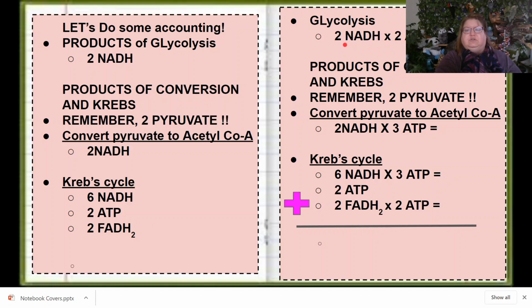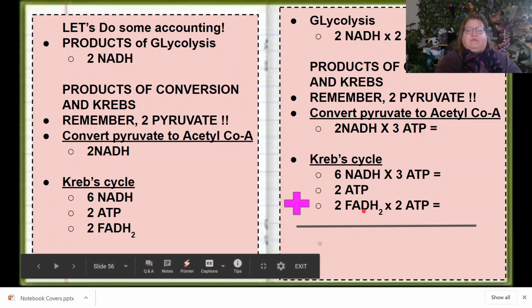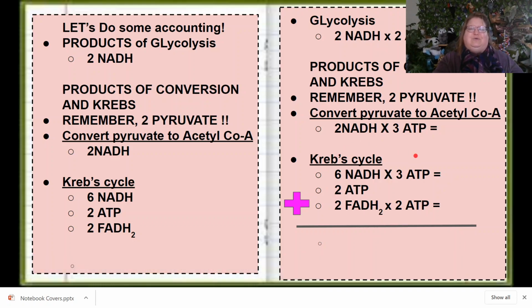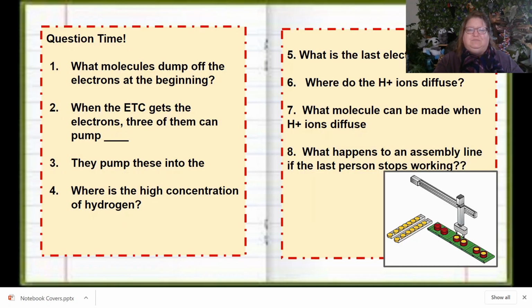So do the math. 2 NADH times 2. When we have NADH from that conversion step, 2 NADH, each one can make 3. And then each one of these can make 3. And then the FADH2 can only make 2. So try your hand at the accounting, and let's see if you have the right amount. And then we have some questions to answer.